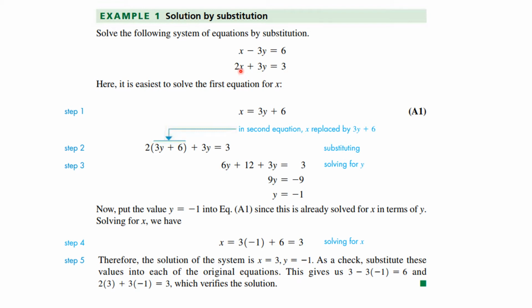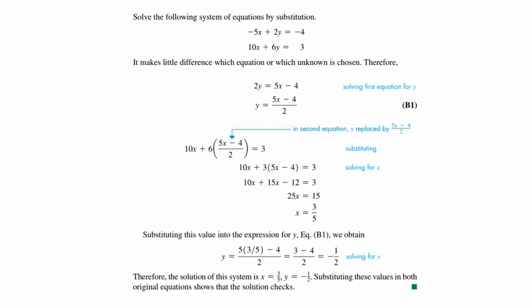Everywhere I see an x, I put that 3y plus 6. So I do that. I have one equation and one variable. So I solve that and I find that y is equal to minus 1. But now I can take this y equal to minus 1, substitute it into this equation, and find out that x is equal to 3. So we've solved it exactly by substitution.